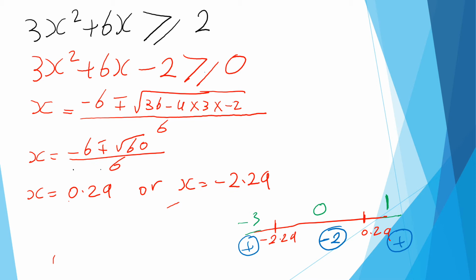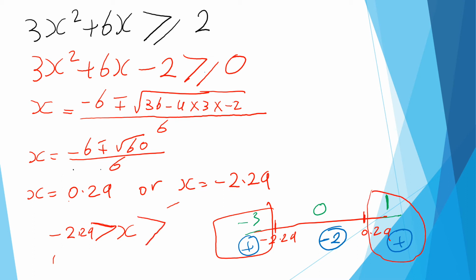So that's why your final answer, or the range of values, is x must be less than negative 2.29, and x must be greater than 0.29.